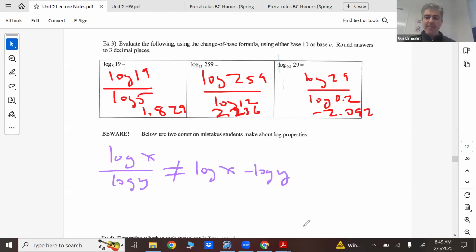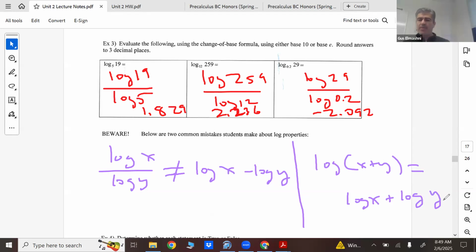And another one, I think you said this, right, Clay? There are more, but I think these are the two common ones. That's not true. Or some people might do log x times log y equals that. Some people might do that also. Just be careful. Don't mix things up.